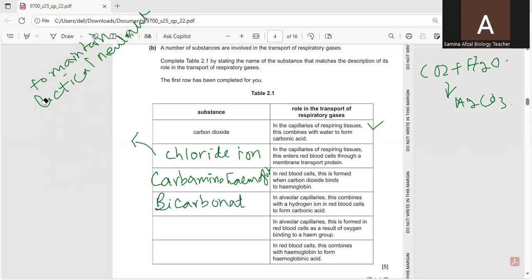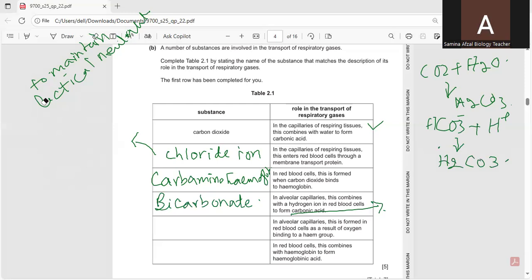Bicarbonate ions, HCO3 minus, plus hydrogen ions join together to form H2CO3.